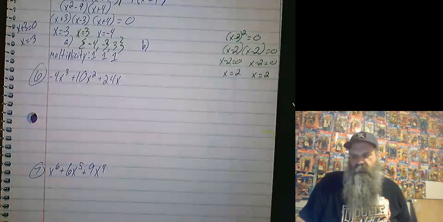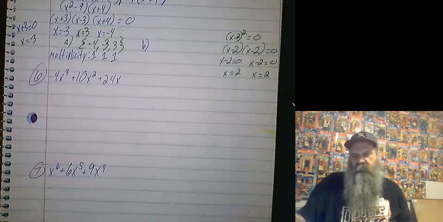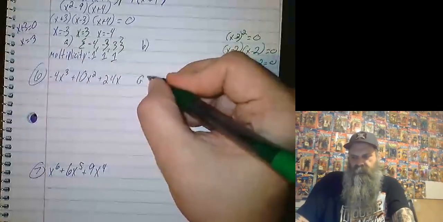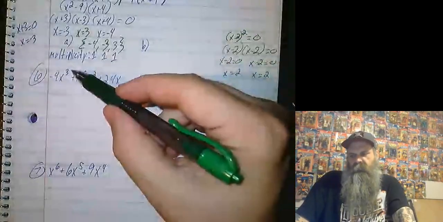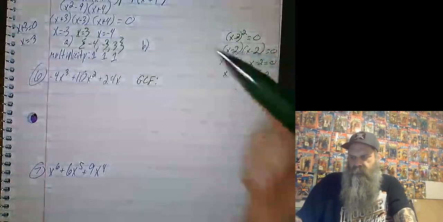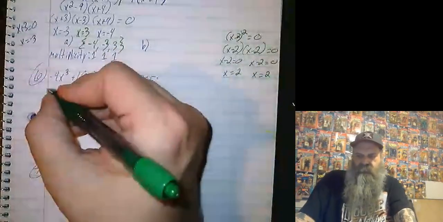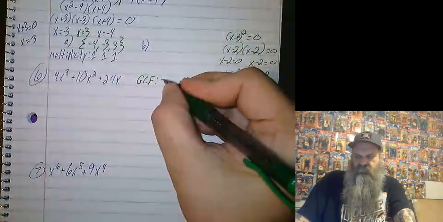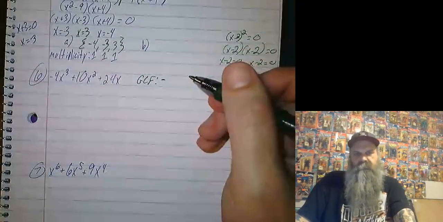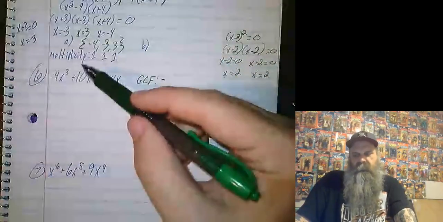Number 6, we can take out a GCF. Our leading term is negative, so we want our GCF to be negative. That way we can factor what's left.